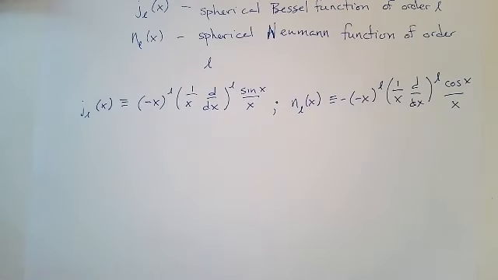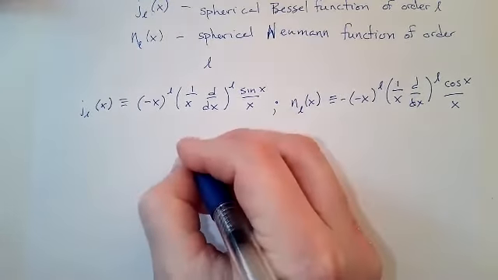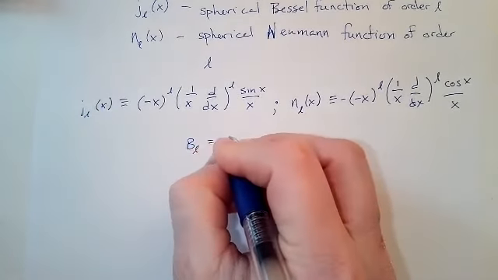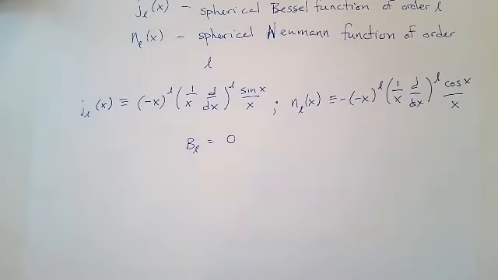So the Bessel functions are finite at the origin, but the Neumann functions blow up at the origin. So for all of these, we're going to see that our normalization constant for the Neumann functions goes to 0.